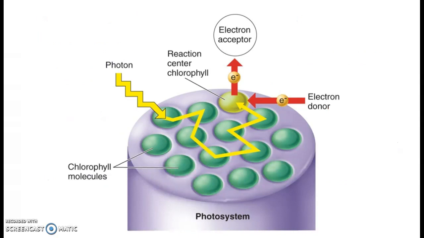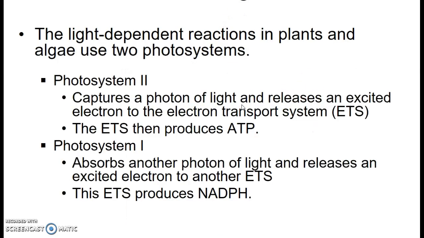And this is just a little cartoon showing basically what happens. This is a photon of light hitting the chlorophyll, being passed around until the photosystem releases an electron. Then that electron is replaced by an electron donor. So there are two photosystems. There's photosystem 2 and photosystem 1.